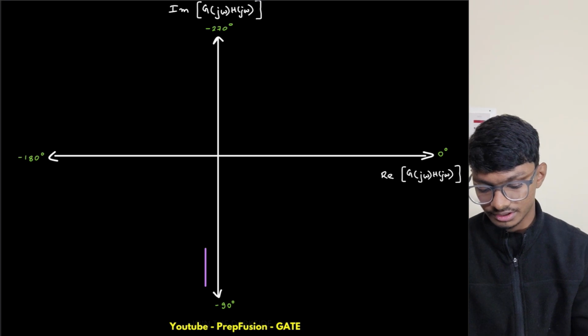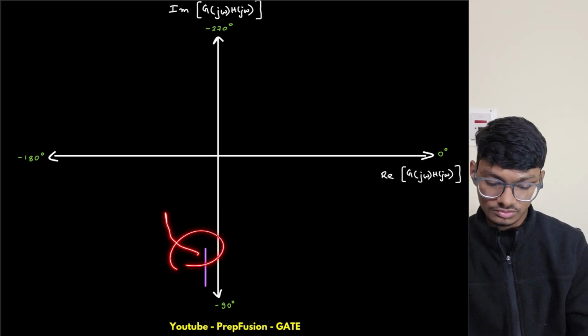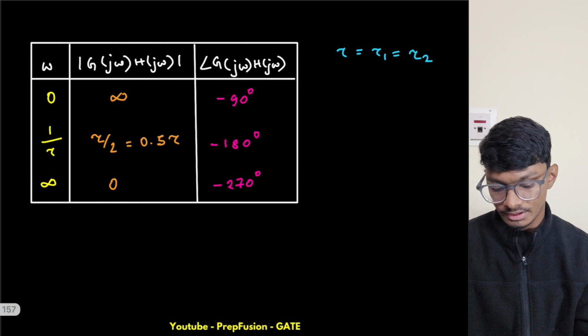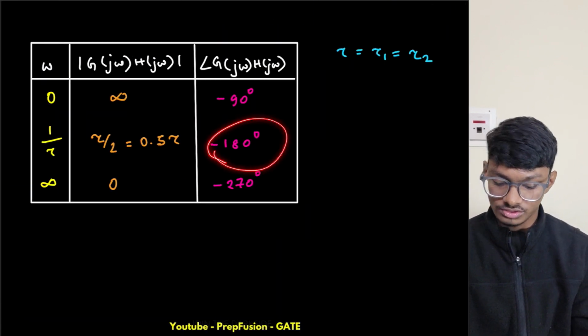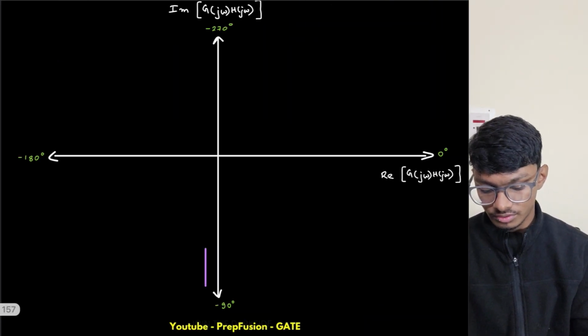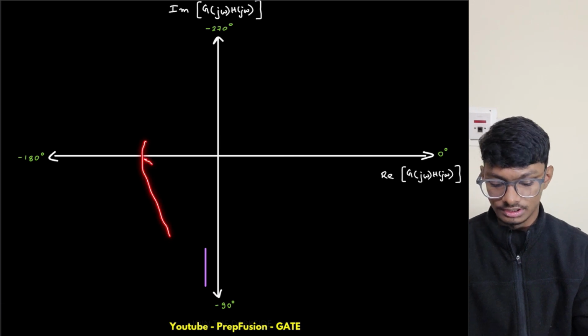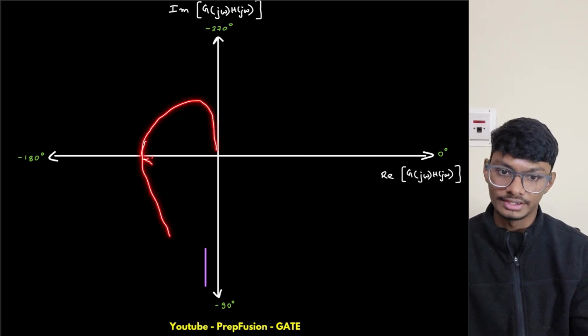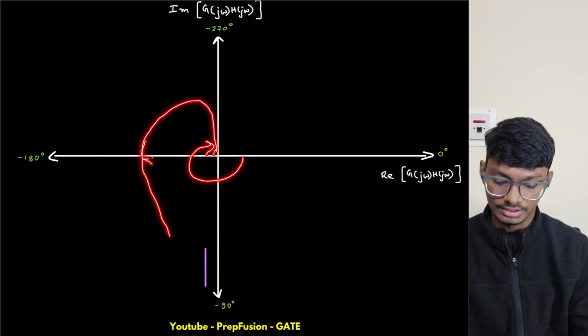It goes towards minus 180, crosses minus 180 at 1 by tau, and then goes towards minus 270. So the angle is minus 270 basically.